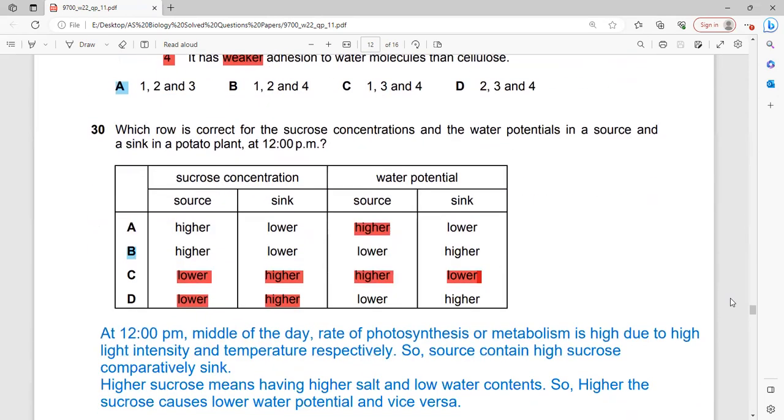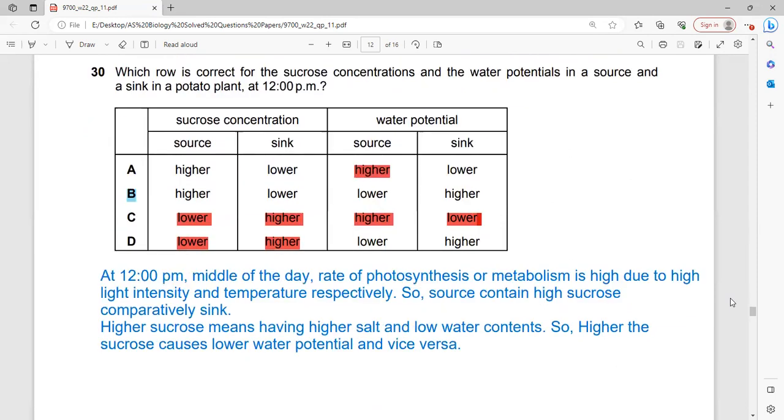We can proceed to question number 30. Which row is correct for the sucrose concentration and the water potential in a source and in the sink in the potato plant at 12 p.m.? So 12 p.m. is the middle of the day, where there's high light intensity and high temperature available.